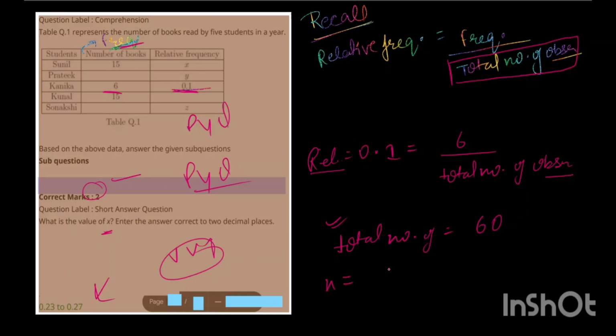So relative frequency x will be equal to 15 divided by the total number of observations, which is 60. 1 upon 4 will give us 0.25. So likewise we can calculate the value of x.